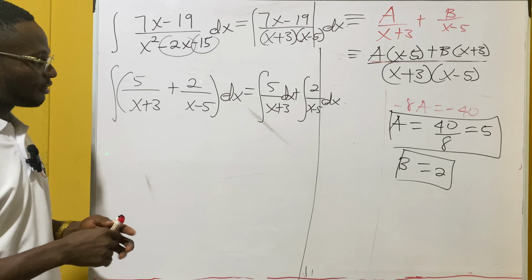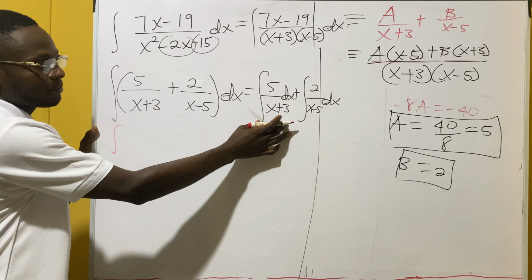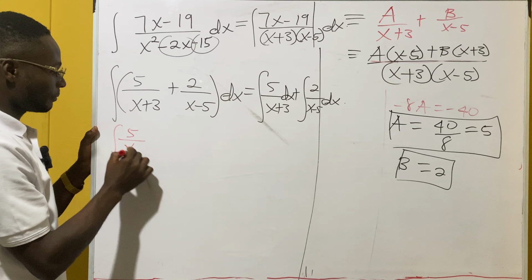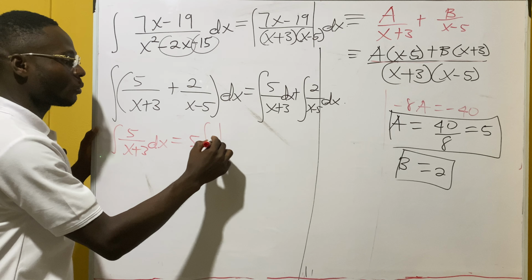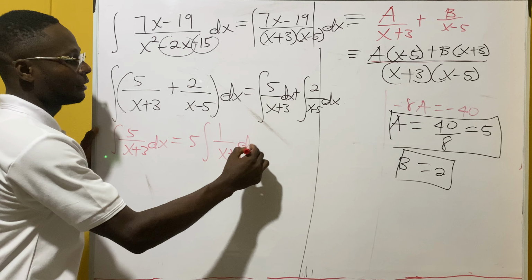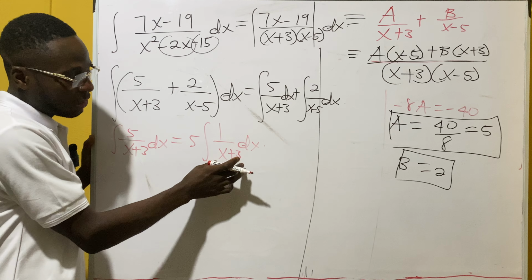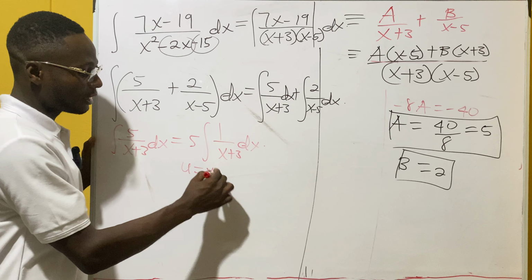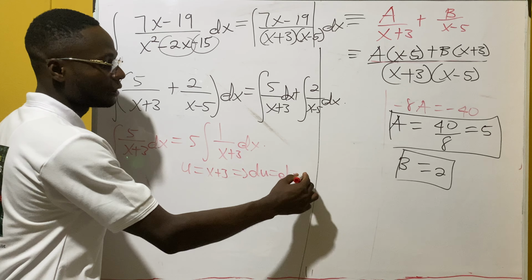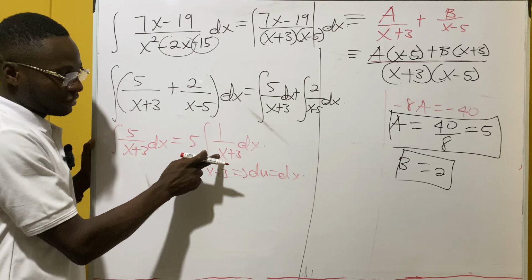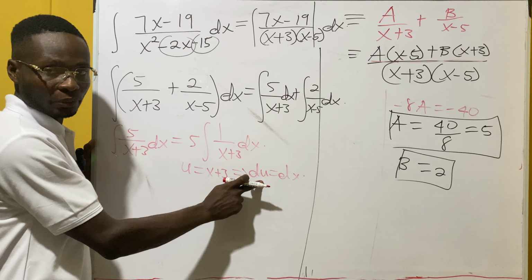In this basic form, we can integrate this separately. So we have the integral of 5 on x plus 3 dx, and this is equal to 5 out, integral of 1 on x plus 3 dx. If you doubt how you can go about this, you can say that u should be equal to x plus 3, and then this implies that du should be equal to dx. So wherever you see x plus 3, you put u, and wherever you see the dx, you put du.